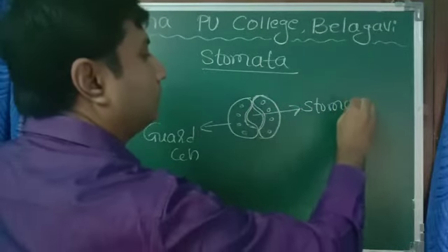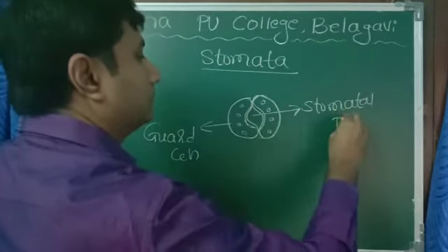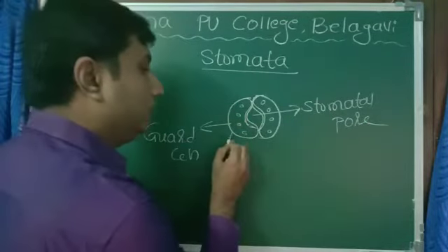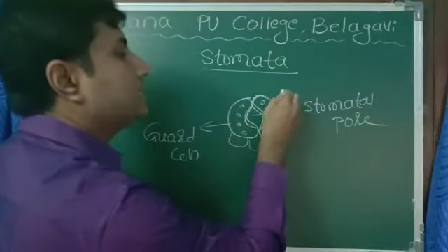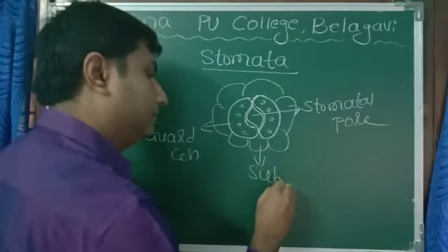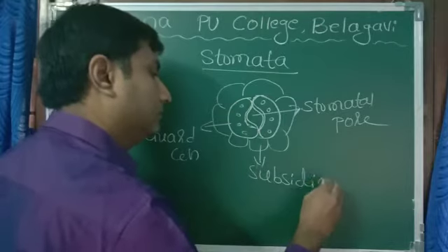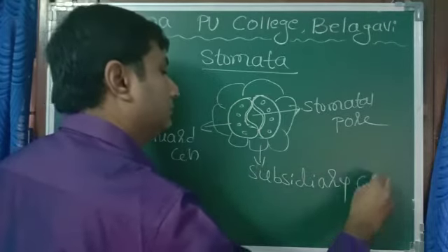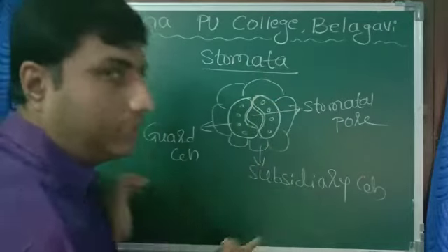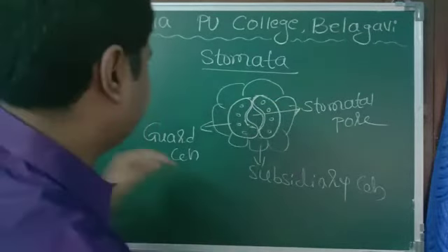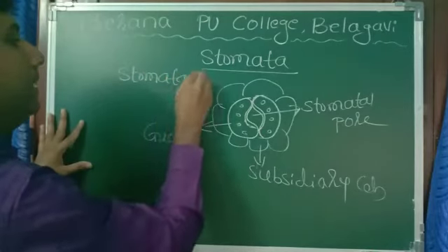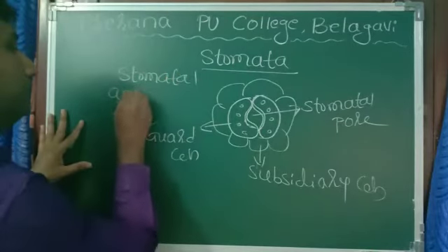Surrounding this, the cells present are called subsidiary cells. Subsidiary cells, stomatal pore and guard cells together are called the stomatal apparatus.